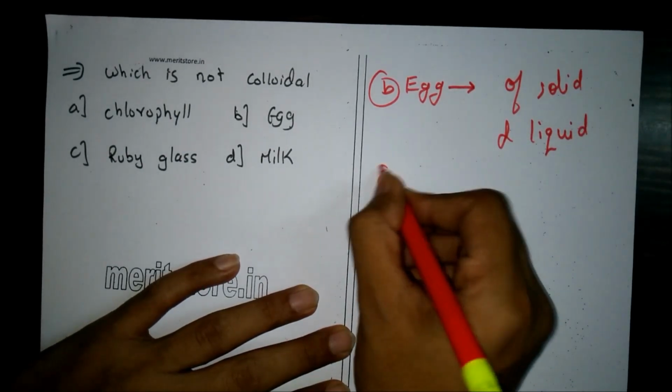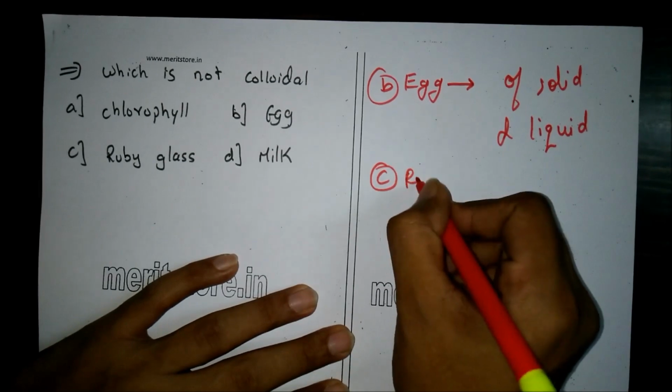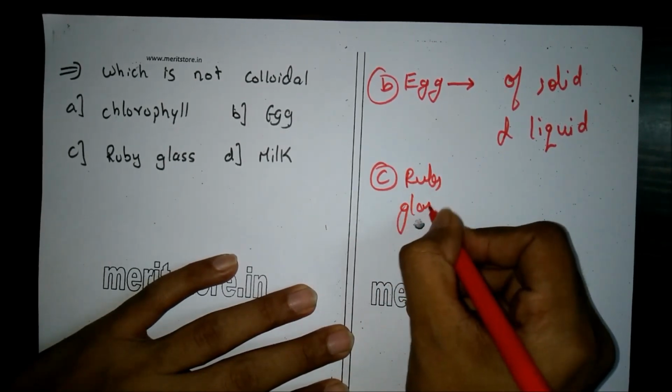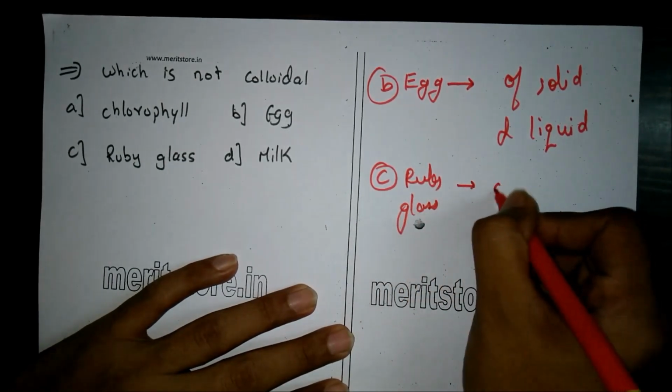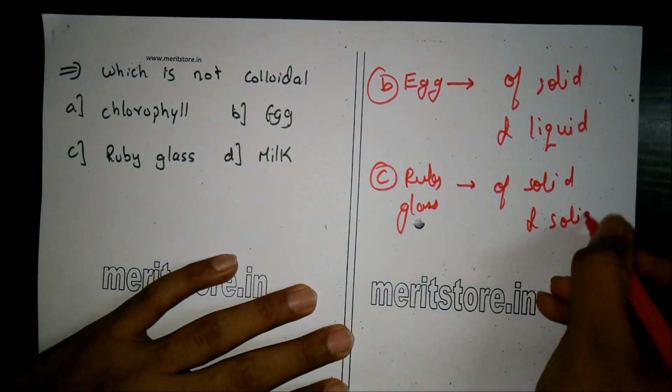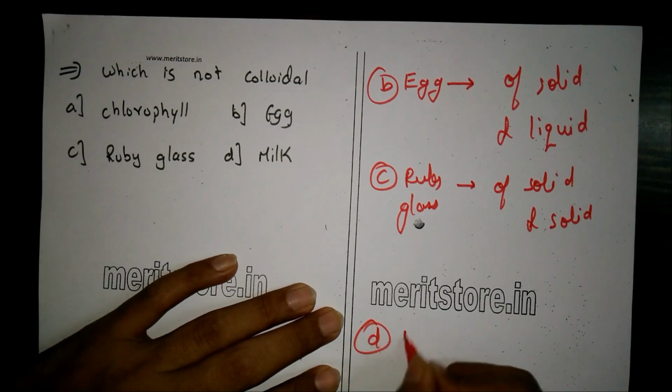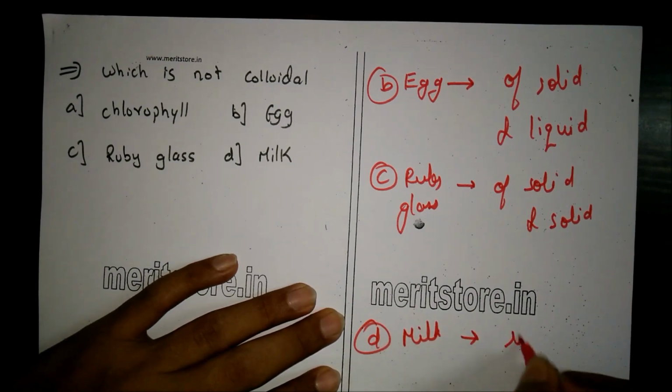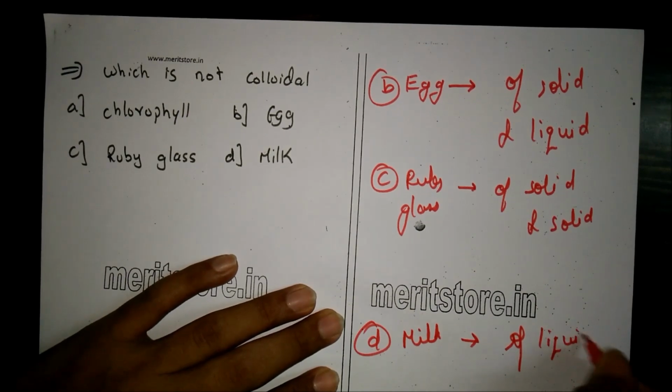Example C, ruby glass, is also a colloid. It is a colloid of solid in solid. Example D is milk. Milk is also a colloid, a colloid of liquid in liquid.